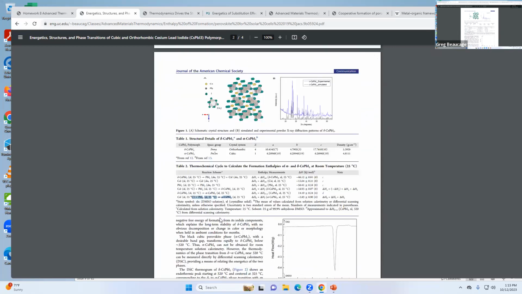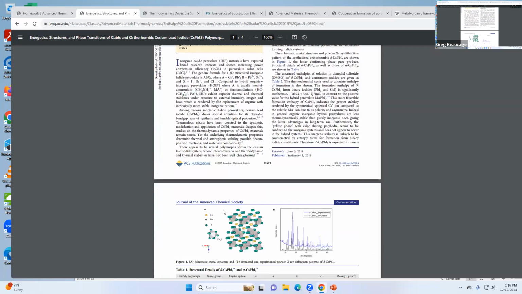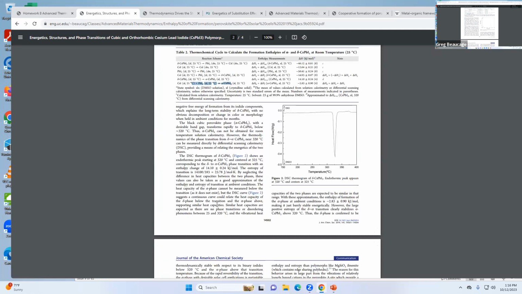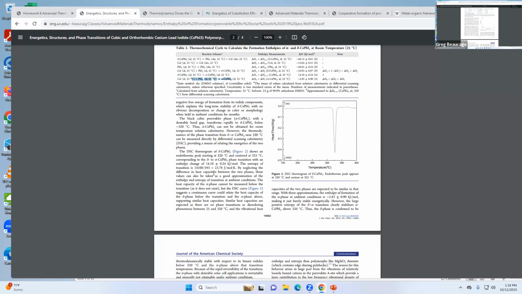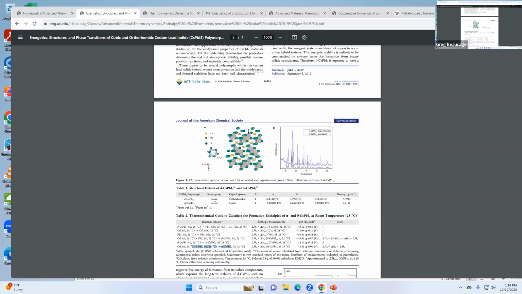I should have methods in it somewhere. I guess it's just a letter, right? JACS has letters, so they're short. It should say how she makes it. This is supplemental. But I think the way to make these perovskites is really simple too. It's basically just put the stuff in a beaker, heat it up, and you can see the crystals. It makes a solid crystal and just crystallizes out of the solution. Right.